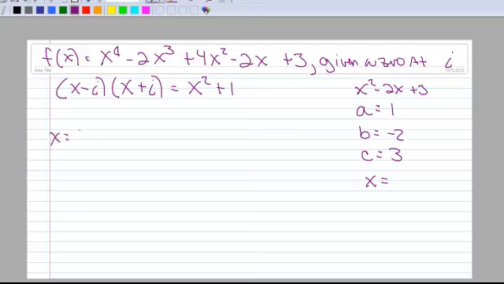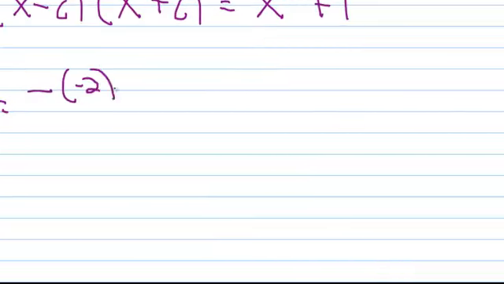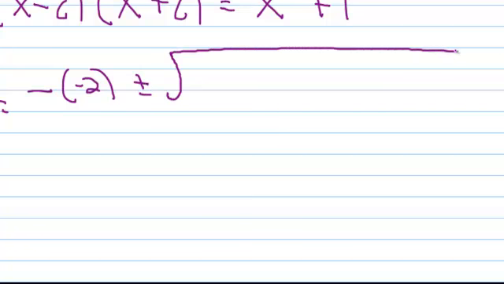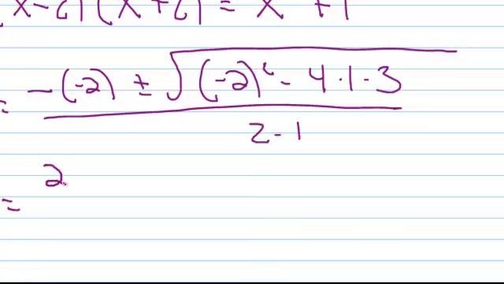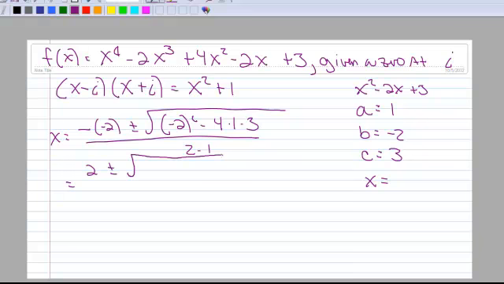Alright, so we have negative b, so that's negative 2, plus or minus the square root of b squared minus 4 times a times c, all over 2 times a. Let's reduce that. So I have a 2 plus or minus. Alright, negative 2 times negative 2 is going to be 4. 4 times 1 times 3 is 12, all over 2.